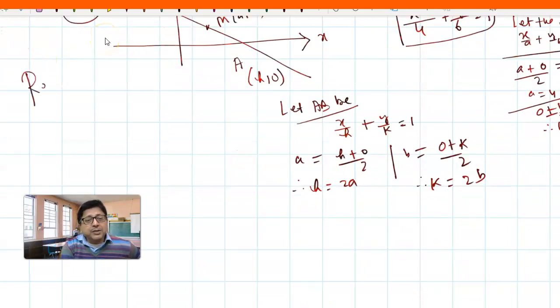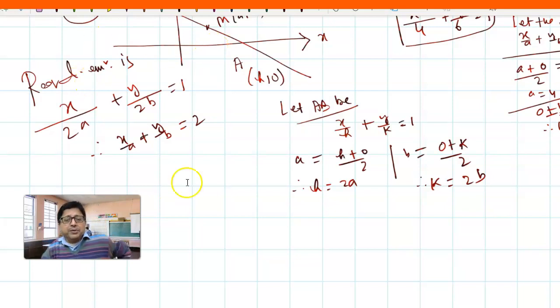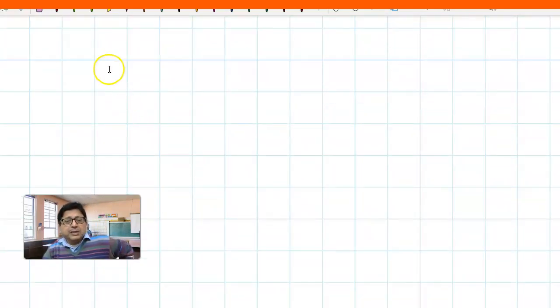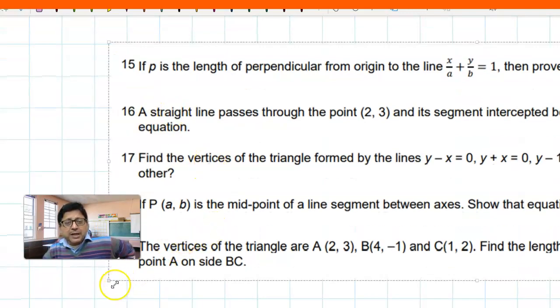Required equation is x by h, that is 2a, y by k, that is 2b, equal to 1. Therefore, x by a plus y by b equal to 2. So this way problems can be solved. Let us see number 19.